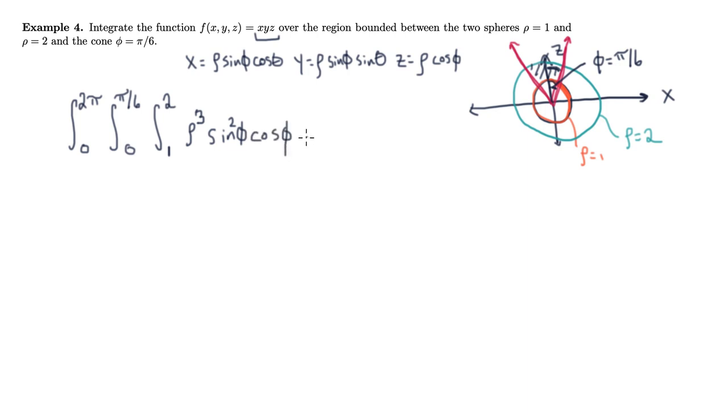And then we have sine theta cosine theta. And then we have the volume element, which is rho squared sine phi d rho d phi d theta. Bam. Okay, so that is the setup for the integral.